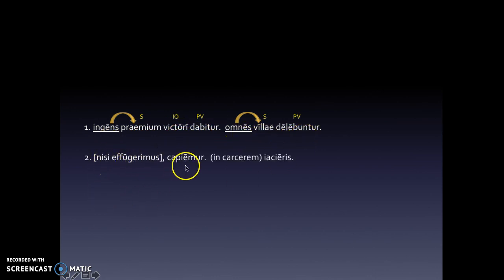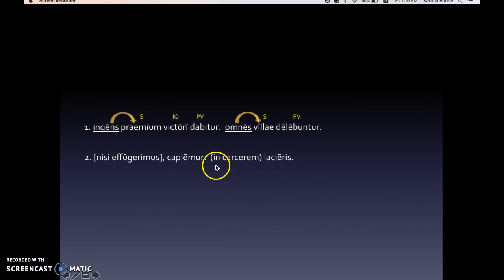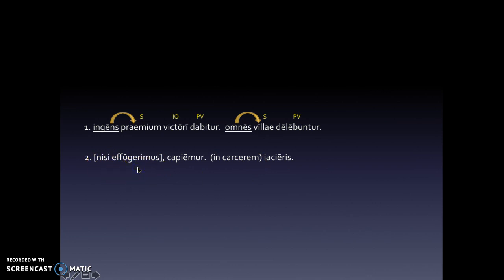Nisi effugeremus capiemur in carcerem iacieris. So we've got a prep phrase here. I put that in parentheses. We've got a dependent clause here. I bracketed that to set it aside. Effugeremus is our verb. We tell from the mus here that the subject is we. There's no nominative.